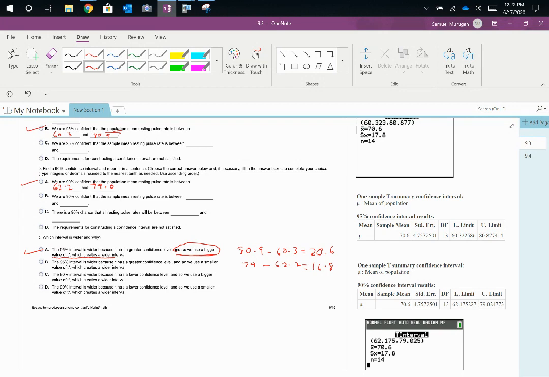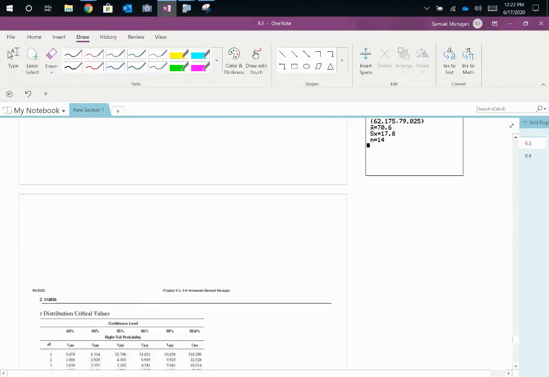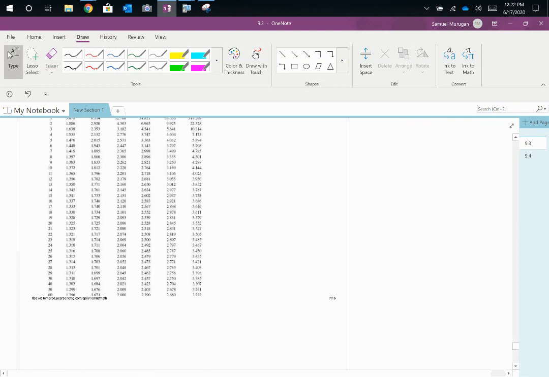The higher your confidence level is, the larger that T star number would be. But we don't do this manually, so don't worry too much about it, okay? All right, moving on. Remember, don't use that table.